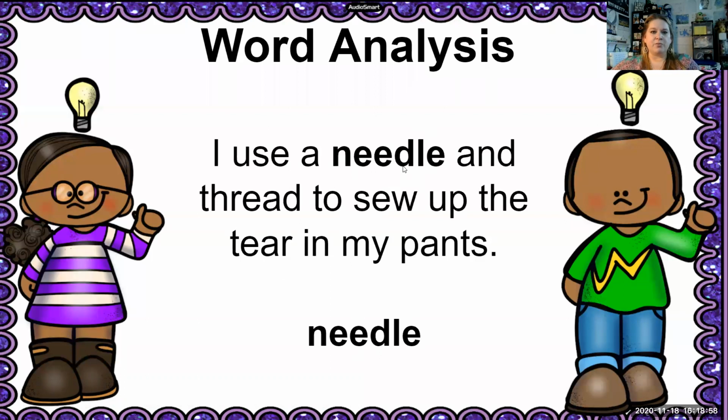Needle. Show me with your fingers how many syllables are in that word. There are 2. What are those syllables? Needle. Remember, a syllable is a chunk of the word that has the vowel sound in it. Okay, needle, that's where they are chunked.